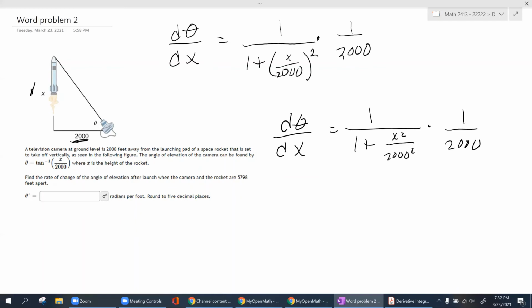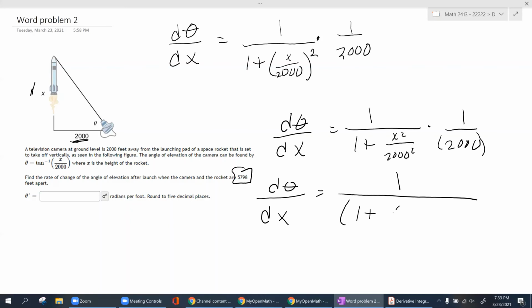Just be careful if you want to unify these before you plug in your x value, which here would be 5798. On the top is 1 times 1. This is 1 over parentheses, because this is going to have to multiply to both of them. I would probably just leave it like that, times 2000, and then plug it in.